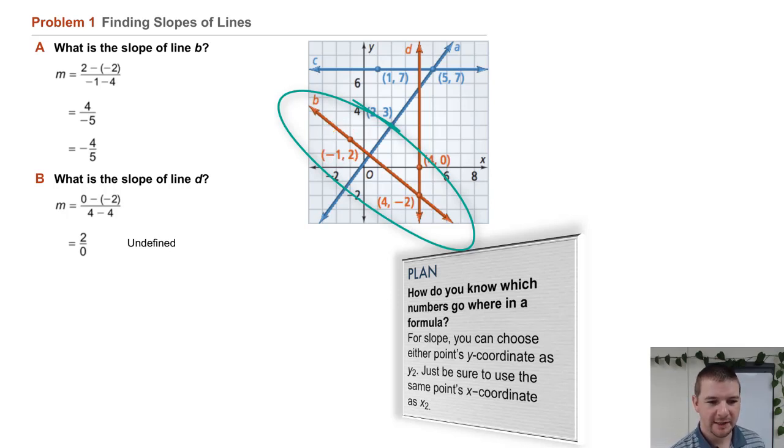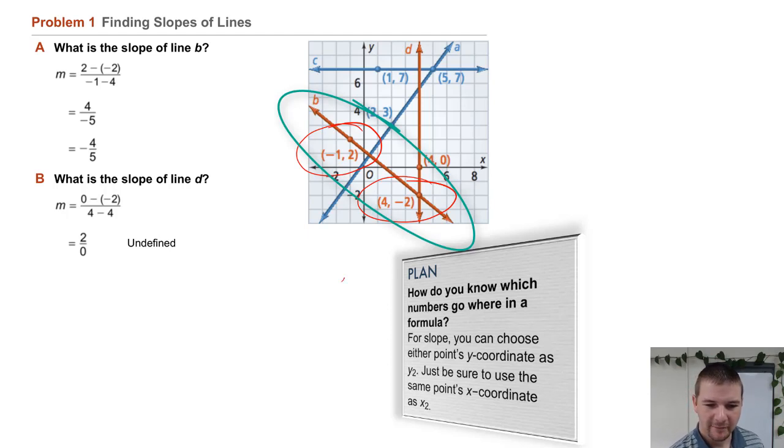Then it's a matter of either using the slope formula, as shown here, and subtracting one of the y values from the other y value, 2 minus negative 2, and writing that over one of the x values minus the other x value. And hopefully you remember from algebra, but it doesn't matter which one of these 2 points you identify as point 1 and which one is point 2.